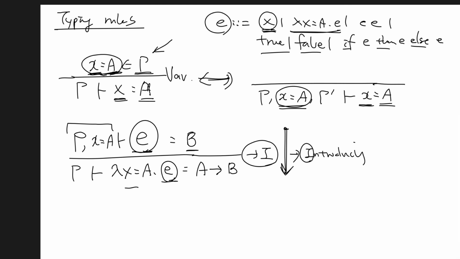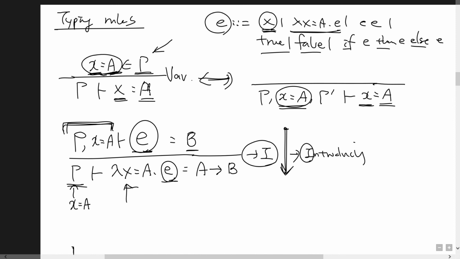And also remember that in this typing context, it's safe to assume that all these variables are distinct. Because if something bad happens and the variable x is already found inside, if type binding of this form is already found inside the gamma, you may always rename this bound variable with the alpha conversion.